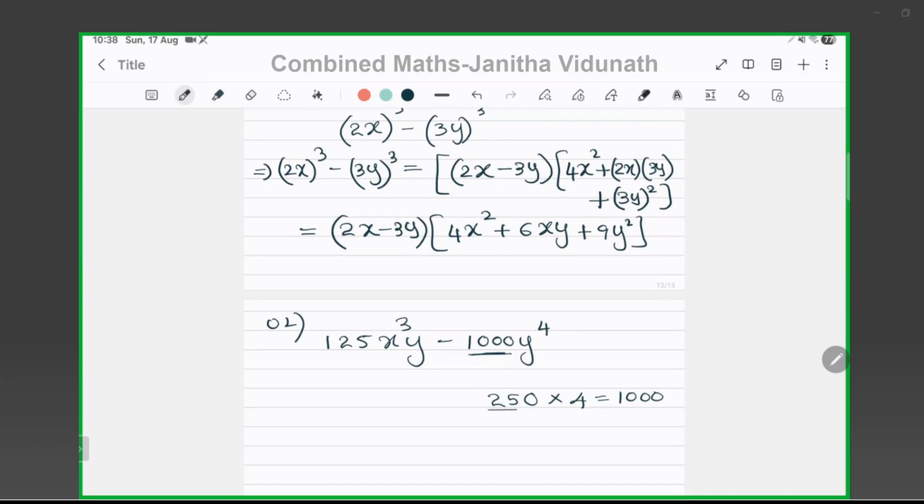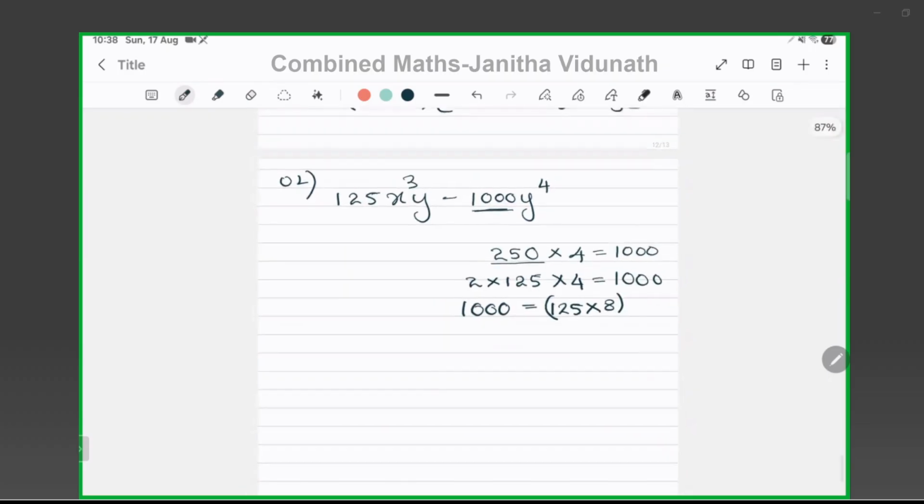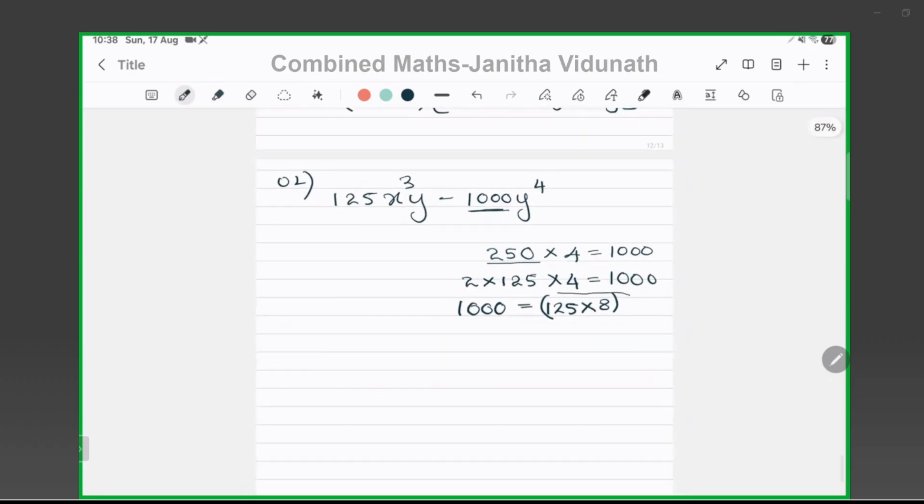We can rewrite 250 as 2 times 125, so 125 times 4 times 2 is 1000. Then we can rewrite 1000 as 125 times 8. We can replace 1000 with 125 times 8.